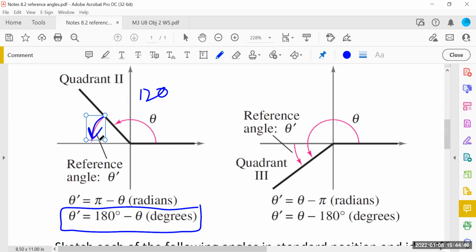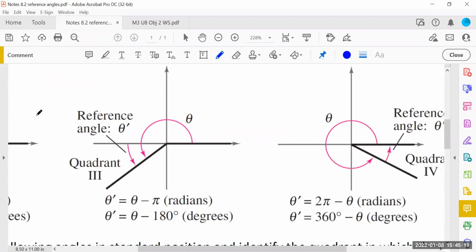I need to go another 60 degrees to get to 180, the x-axis, right? This is 0. This is 180. If I go all the way around the circle, this is 360. So we'll talk about that as well. But for now, you can use this equation, or you can just ask yourself, how far do I have to go to get to 180, that negative x-axis right there?